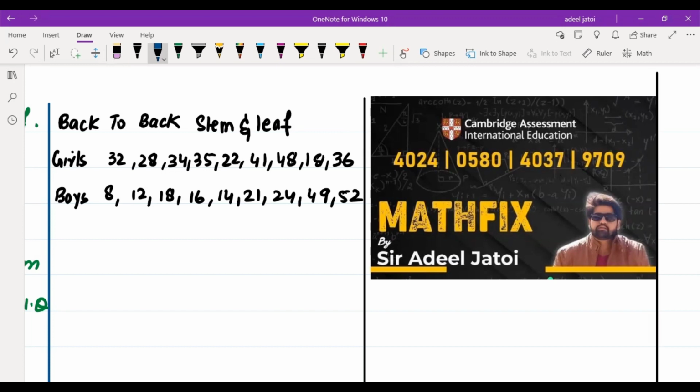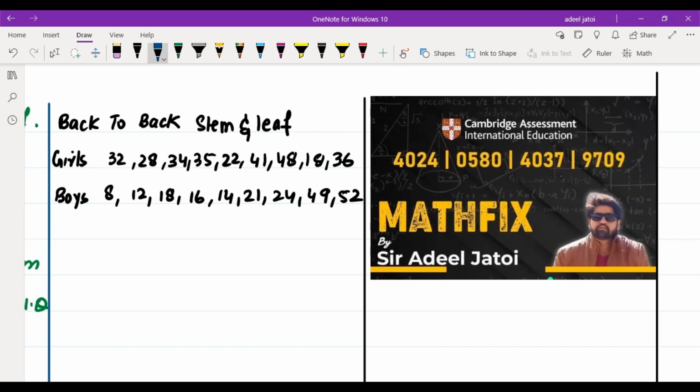Your minimum value is 8 of the boys, whereas your maximum value is 52, of the boys again. So your stem will be from 0 till 5. That means 0, 1, 2, 3, 4, 5. That means your entire stem and leaf has the data starting from units till tens.